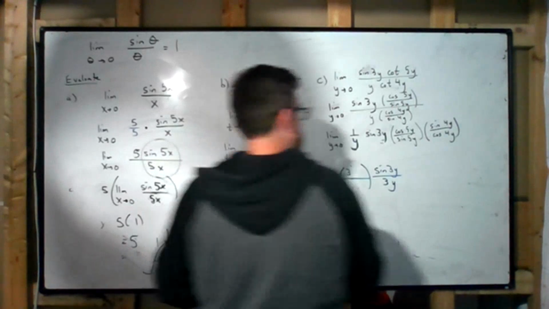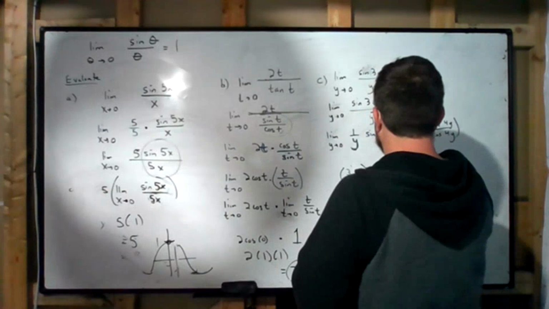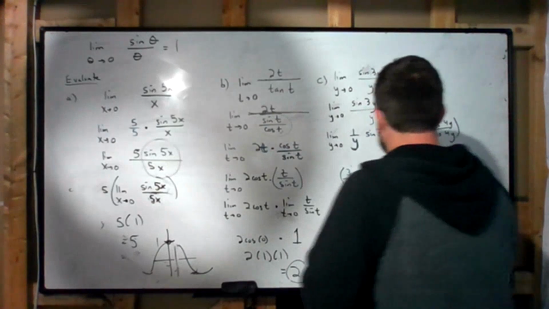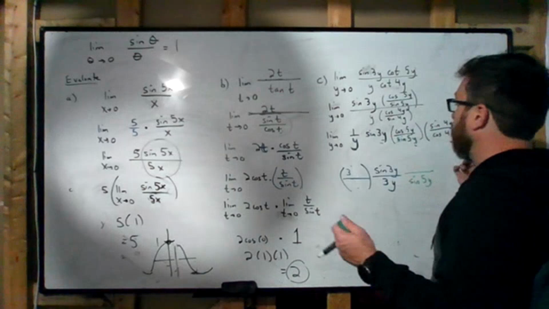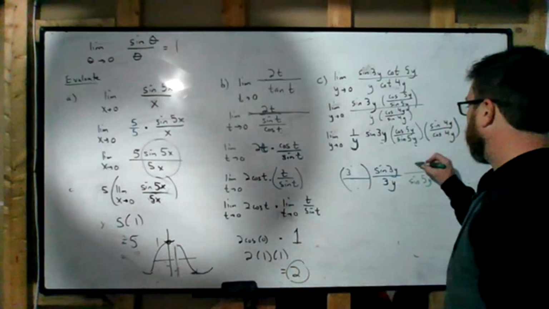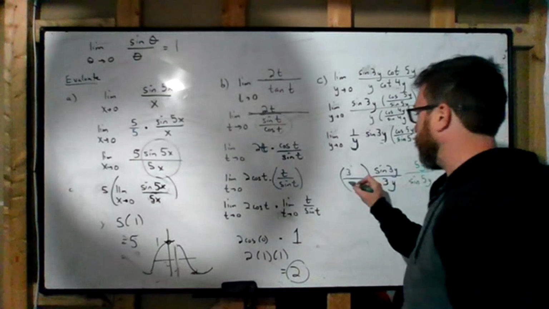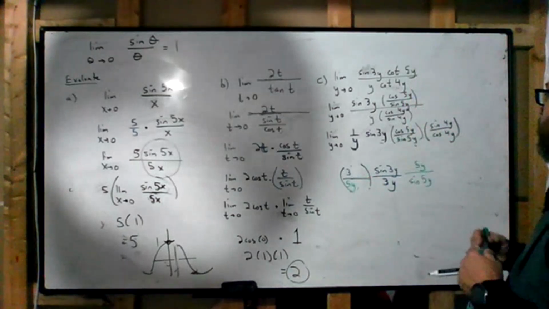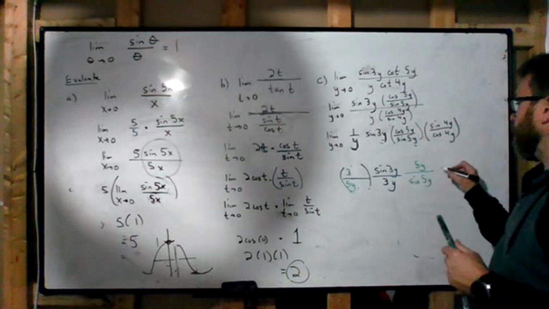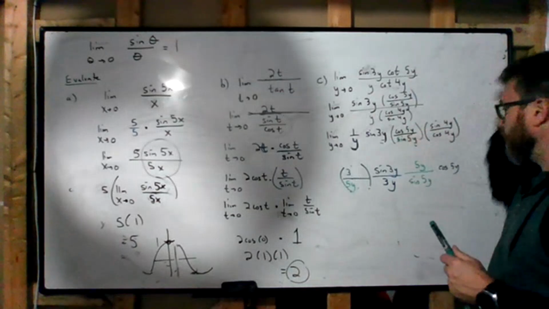Over here I have a sine of 5y on the bottom. So what I need is a 5y on top. If I put a 5y on top, I have to put a 5y on the bottom. And remember, I still have this cosine of 5y, that's still the numerator of this thing.